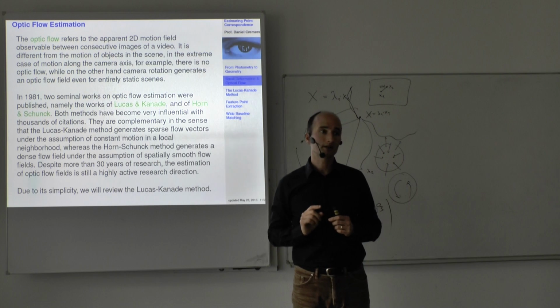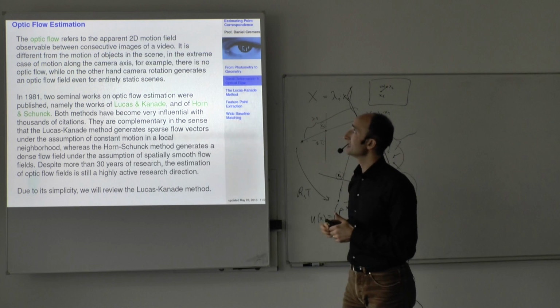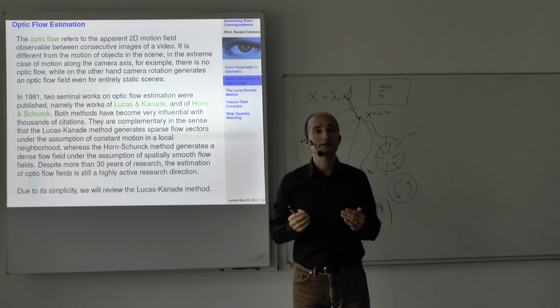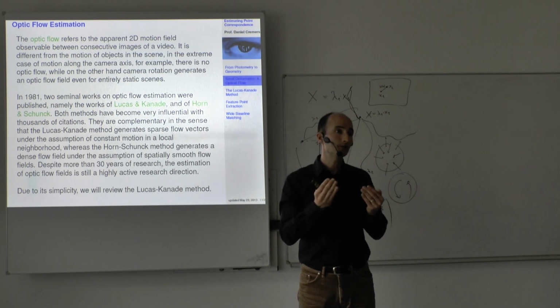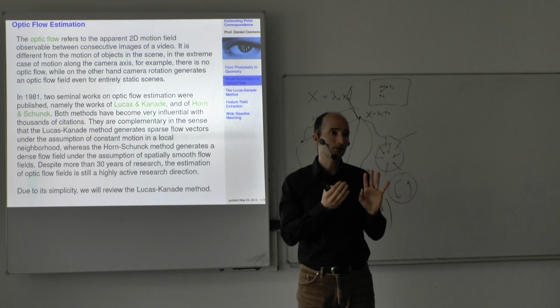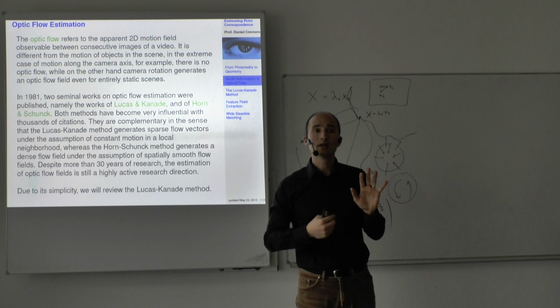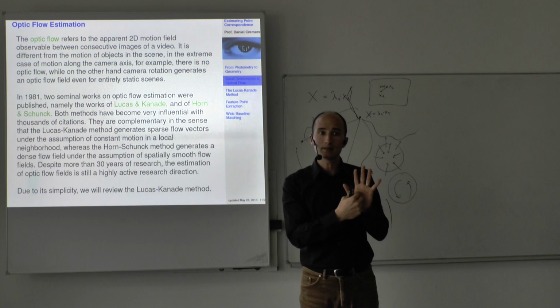Strictly speaking, there is a difference. Strictly speaking, the optical flow field is a motion field, but only on the image plane. So it's sometimes called the apparent motion. So it is whatever motion you see in the image plane.